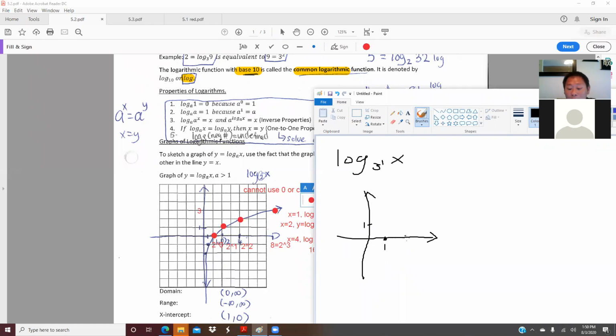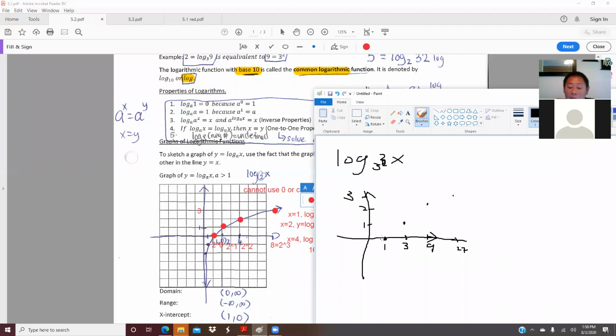So that is 3. And then if you want 2, you power it to 2. So 3 squared is 9. And then if you want to get 3, you power it to the 3. 3 cubed in this case is 27.